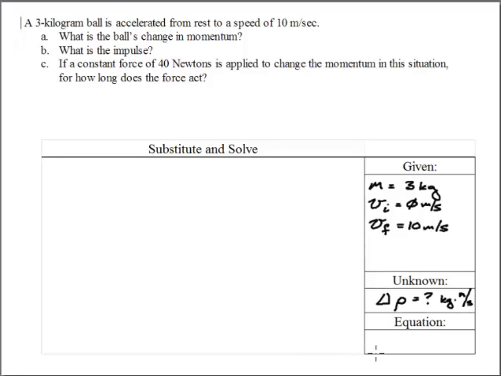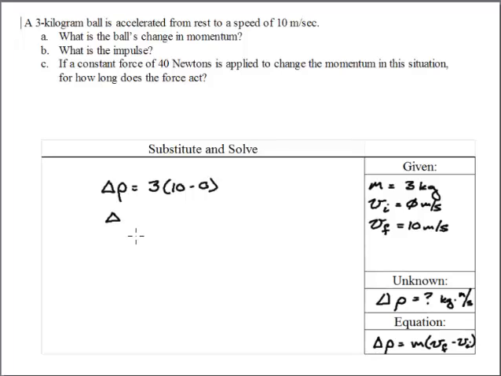The equation that I will use: I will choose the change in momentum equals mass times velocity final minus velocity initial. So now let's replace numbers for letters. I have change in momentum equals 3 times 10 minus 0.